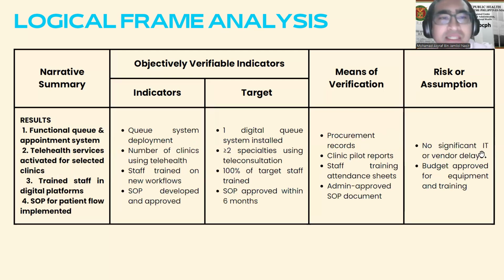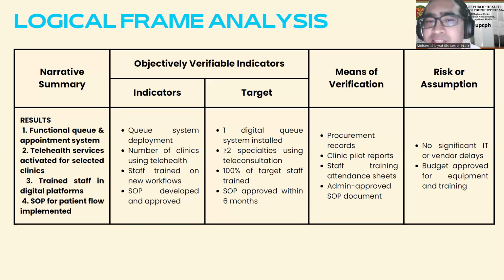Next, the results. We are expecting four concrete results from this project, which are a working queue and appointment system, a telehealth system available in at least two specialties, 100% of the target staff trained in digital tools, and a patient flow SOP formally adopted. We can confirm this through procurement records, clinic pilot reports, staff training attendance sheets, and also approved administrative documentation.